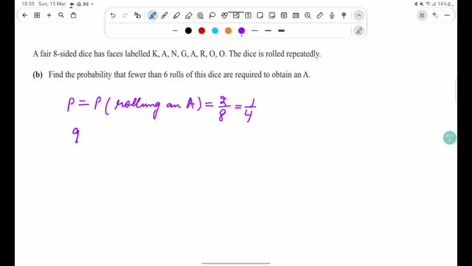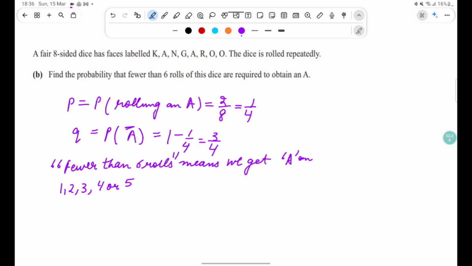Now Q denotes the probability of not rolling A. So this is 1 minus 1 by 4, which is 3 by 4. So now fewer than 6 rolls means that we get A on roll 1, 2, 3, 4 or 5. This is equivalent to saying that we don't fail 5 times in a row.